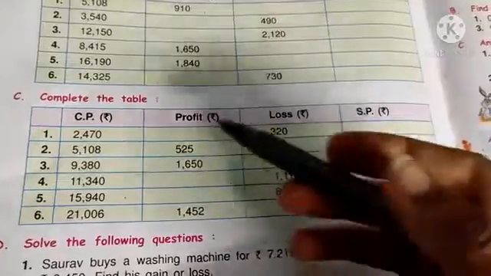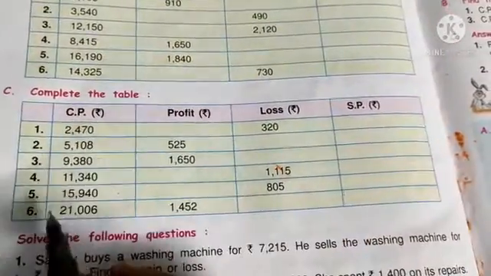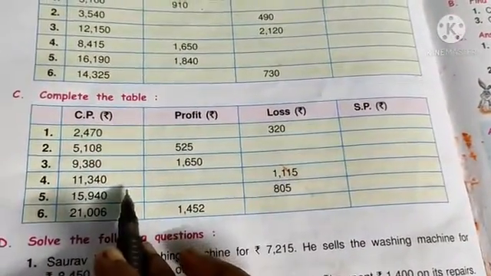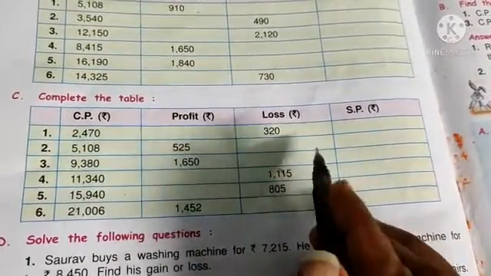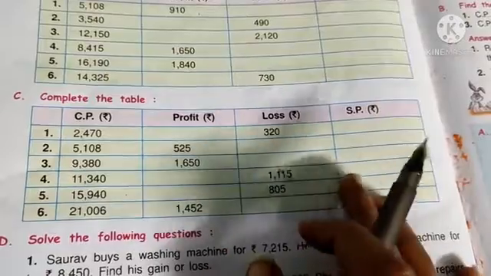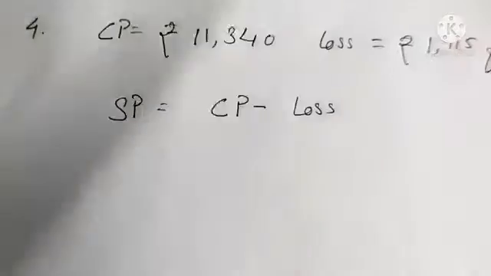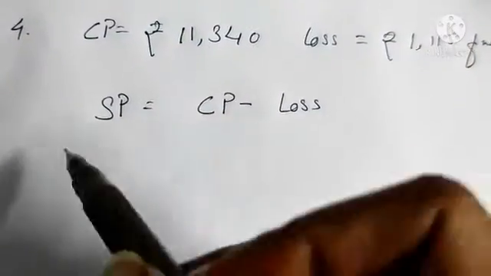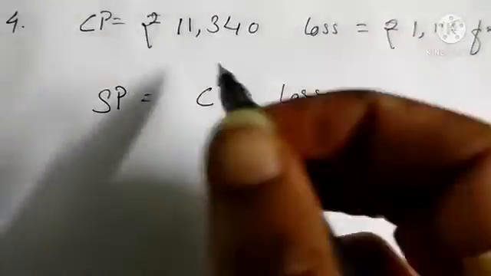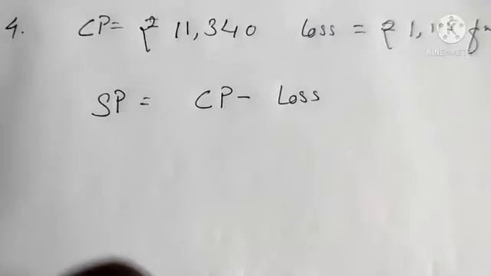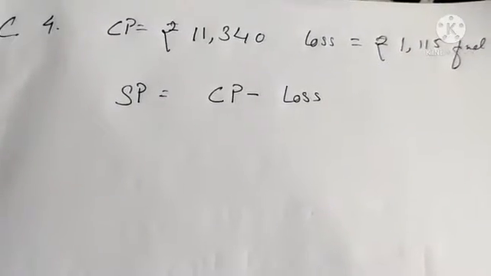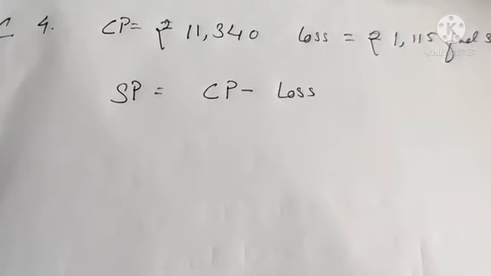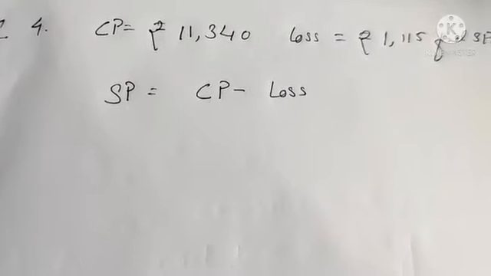Now let's do number C. Complete the table. Number 4, here cost price is given and loss, a shopkeeper suffers a loss, so we have to find the selling price. As here the shopkeeper suffers a loss, so we have to subtract it from the cost price to find the selling price, because the shopkeeper sold his goods at lower price.